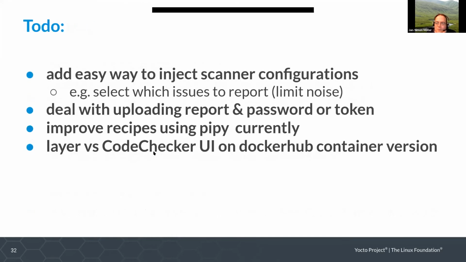So what's left to do? Right now, CodeChecker will basically flag anything, which can be quite a lot, including false positives or stuff I'm completely not interested in. So what needs to be done is we would need to inject a scanner config.